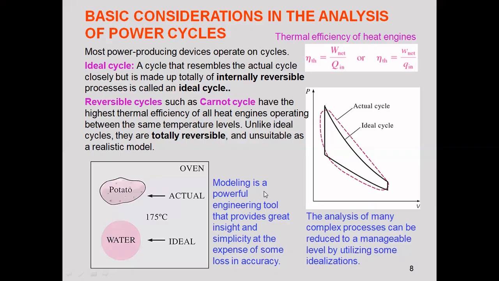And ideal cycles, as mentioned here, are basically internally reversible. Internally reversible means reversibility within the system or within the control volume only. And reversible cycles, that is totally reversible, means internally as well as externally.